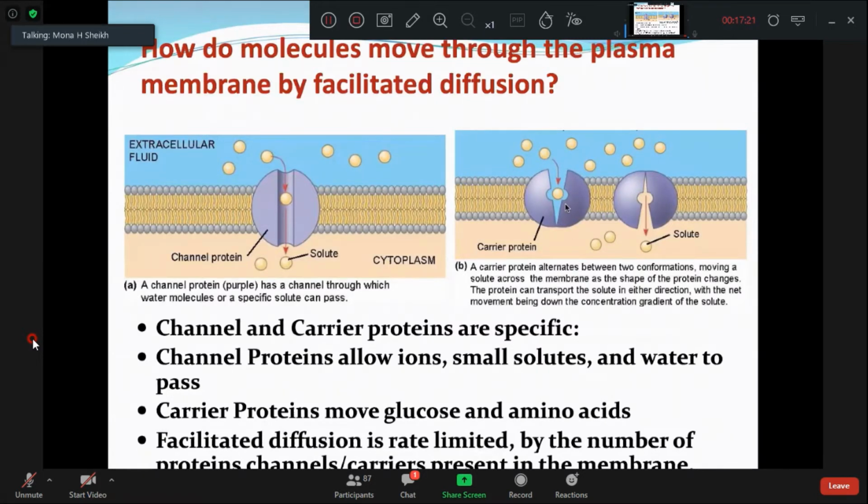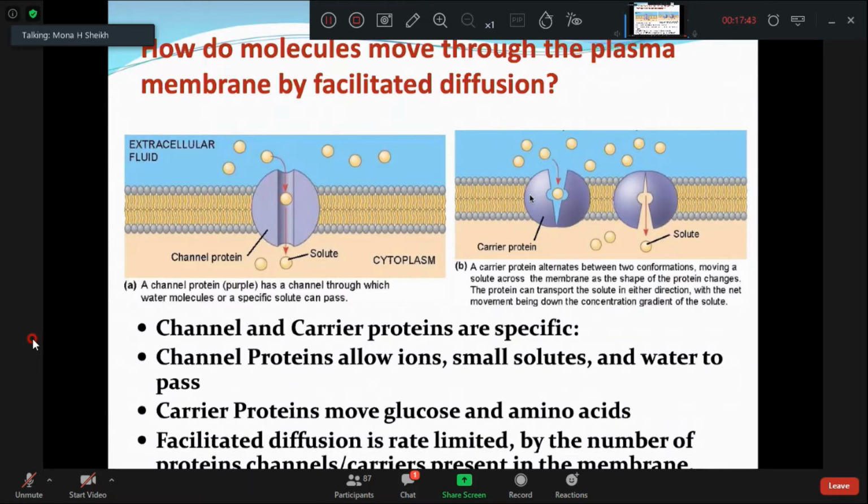Okay, now because it requires this bridge, the rate is limited. Just like when you go from here to Bahrain, we cannot go like 1,000 cars at the same time. There is a limit. There is a rate. So what is the limit? The cell can regulate it. Some cells will have more carrier proteins, so these molecules can go faster into them.